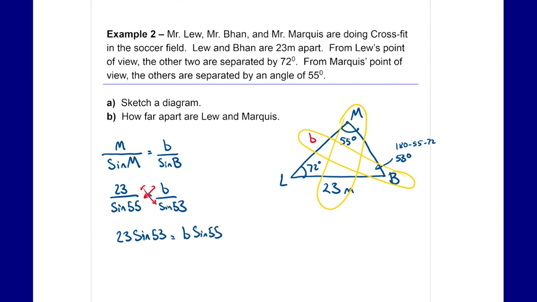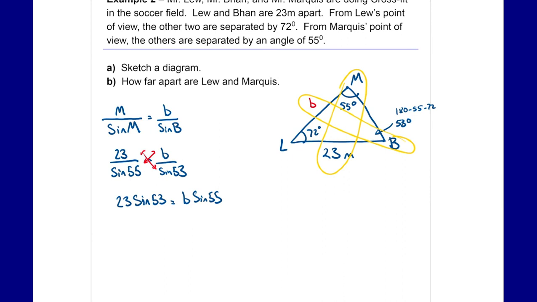I'm going to get b by itself by moving the sine 55 over, and it becomes division. So 23 times sine 53 divided by sine 55 equals b. This just becomes one calculation: 23 times sine 53 divided by sine 55.